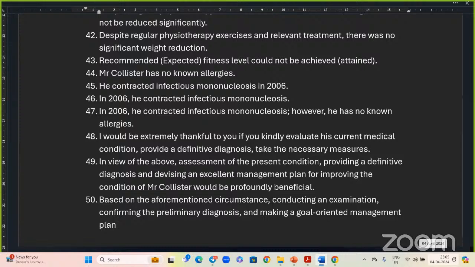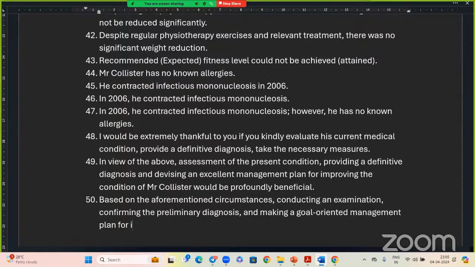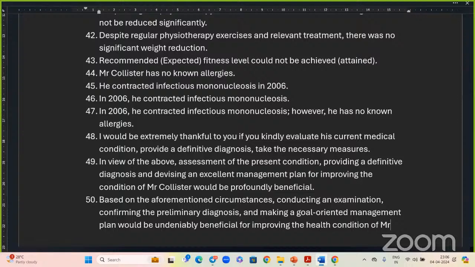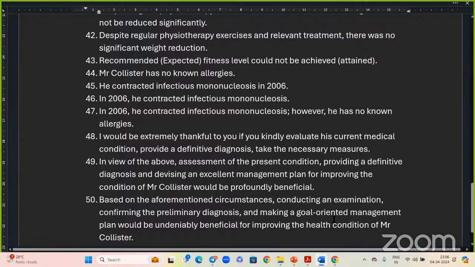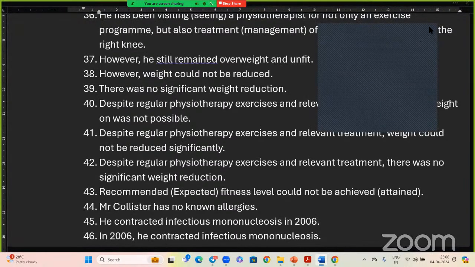Based on the aforementioned circumstances, conducting an examination, confirming the preliminary diagnosis and making a goal-oriented management plan would be undeniably beneficial for improving the health condition of Mr. Hollister. So 50 sentences I have given now.